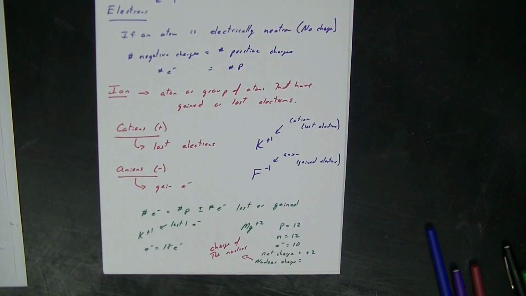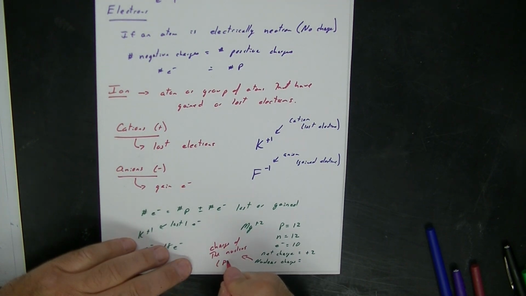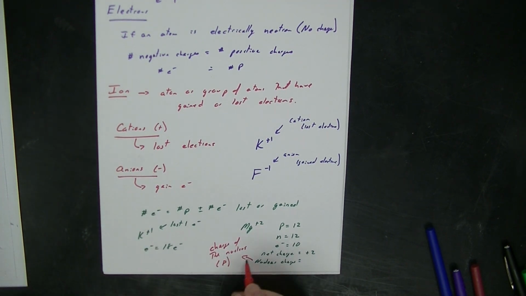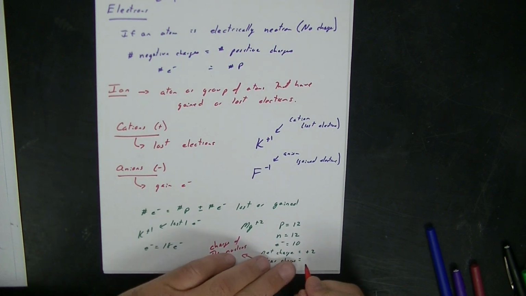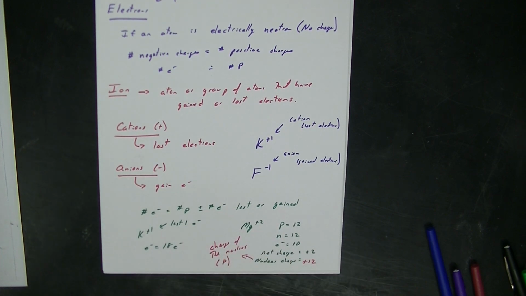Now, what particle in the nucleus has a charge? Only the protons. So the nuclear charge is just the number of protons in the nucleus. This has 12 protons, so the nuclear charge of this ion would be plus 12.